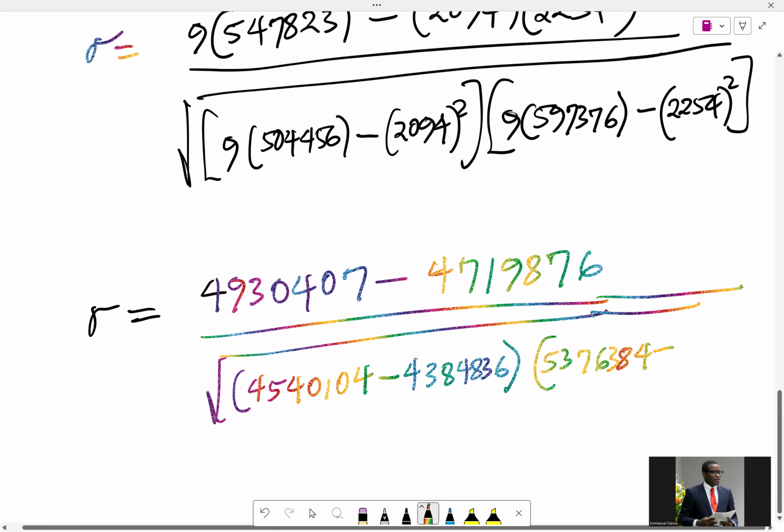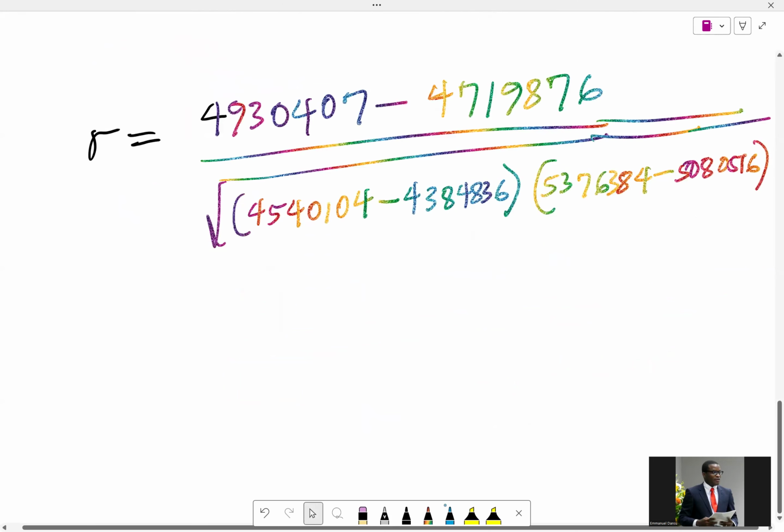Minus 2254 raised to power 2. That's 2254 times 2254. That is 5,080,516. Okay, so we move on now to the next step.